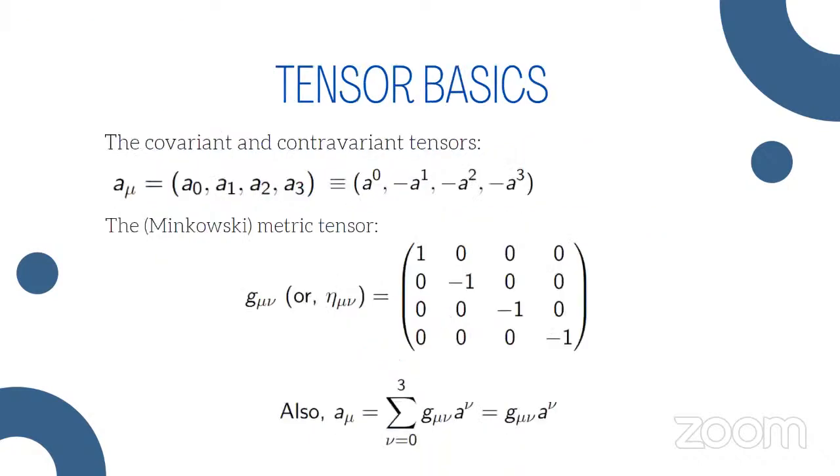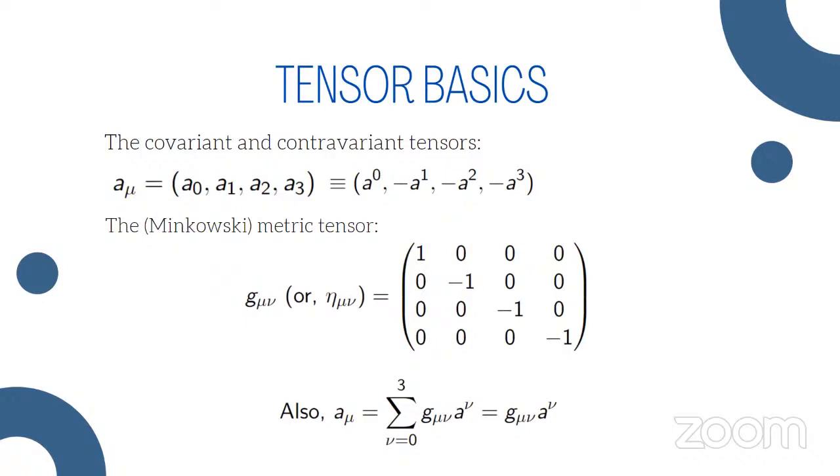The next slide, please. Yeah. Now we need some mathematical notation and formulation to understand the general and special theories of relativity. That is the tensor, a mathematical representation of a physical quantity, and tensors are of two types, covariant and contravariant.